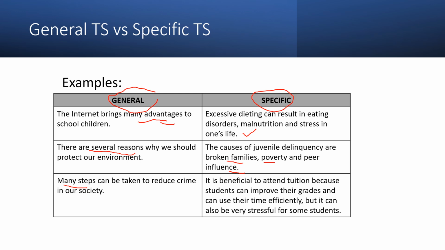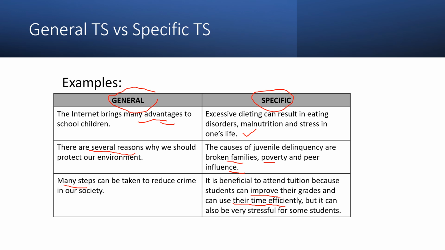If you really notice, it is beneficial to attend tuition because the first benefit is students can improve their grades. The second benefit is they can use their time efficiently, but it can also be stressful. If you focus on the second sentence, this is actually the one and only disadvantage of attending tuition.